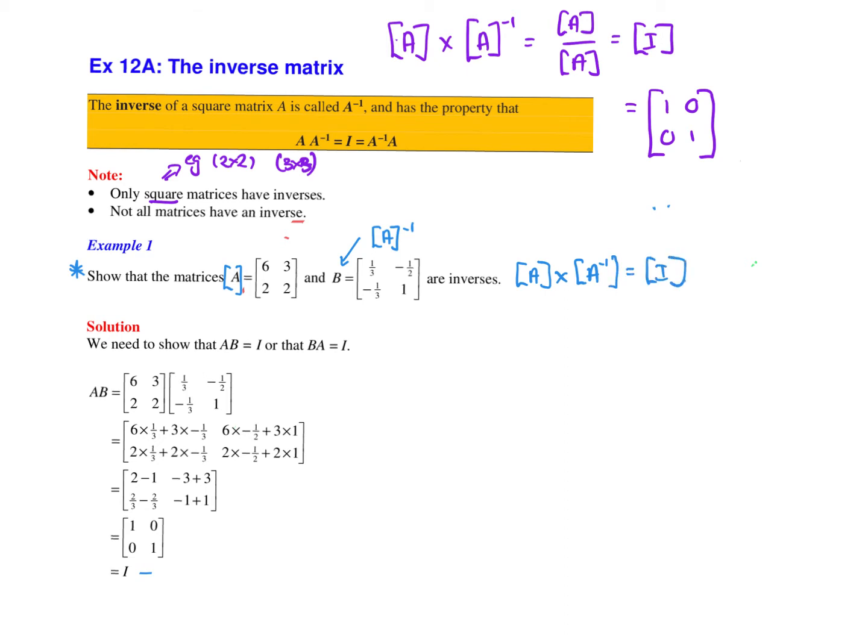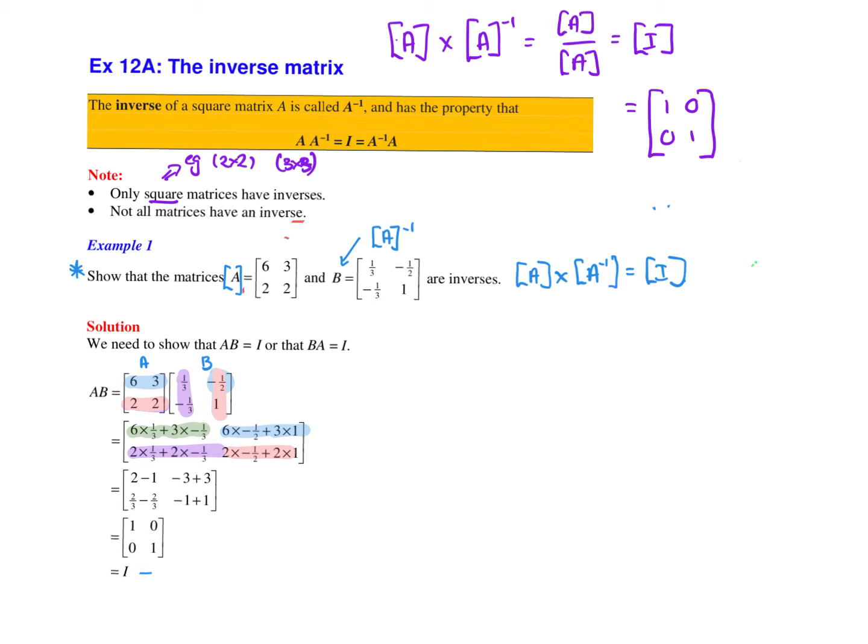So here's matrix A and here's matrix B, and they're timesing them together. If we think about our manual multiplication, you can see the 6 times a third plus the 3 times a negative third. Then they've done the next row by column, and then this row by this column, and then that by that, and here.